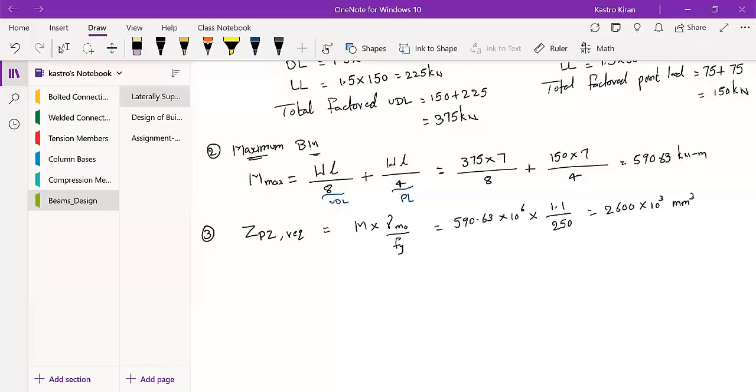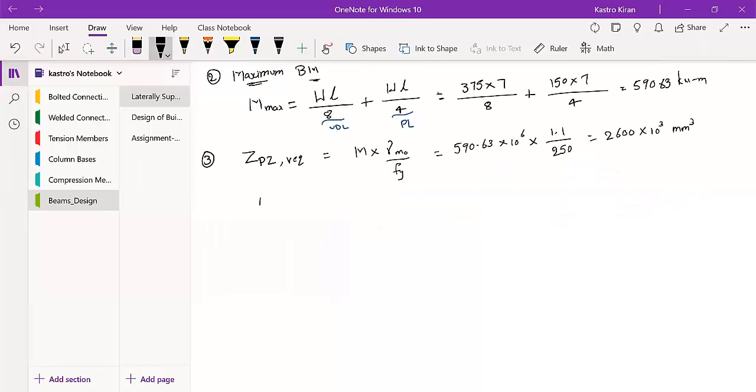So from Annexure H of IS 800 2007, you have to look at Annexure H and select an appropriate section which has a ZpZ value greater than 2600.